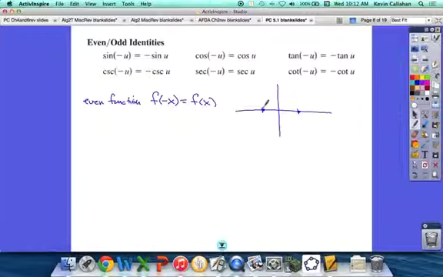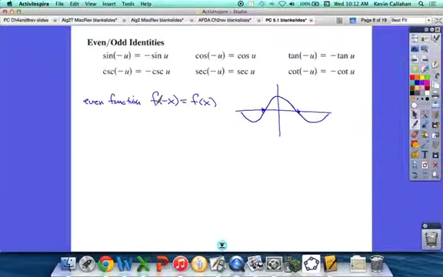And there's two of these functions that are even, and they are cosine... right? Because if I go pi over 2 to the left, I get a 0. If I go pi over 2 to the right, I get a 0. If I go pi to the right, I get negative 1. If I go pi to the left, I get a negative 1. f of negative x equals f of x.